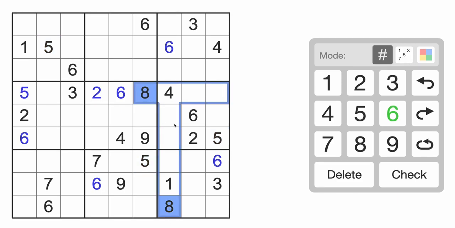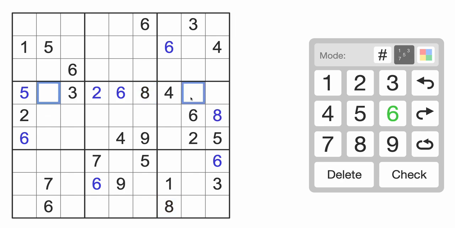Sorry. 8 will be here. And looking at row 4, these will be 1, 7, 9.